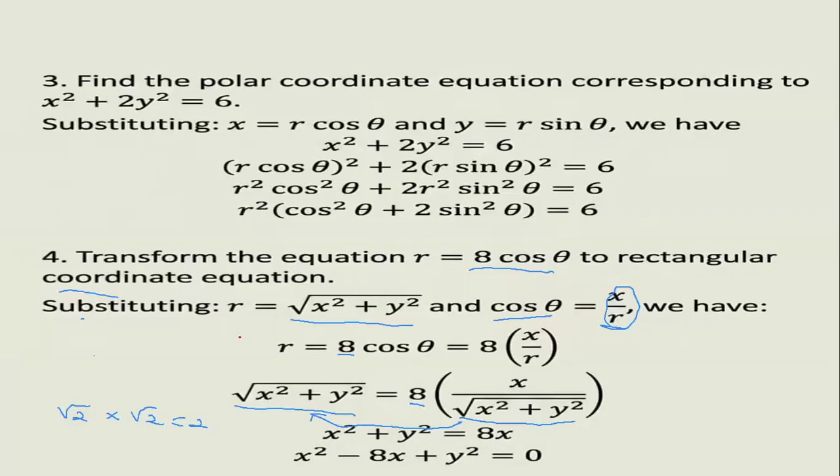That leaves us with x squared plus y squared is equal to 8x. To write it in equation form, we just need to take over the 8x, and when we take that off, it becomes a negative 8x. So x squared minus 8x plus y squared is equal to 0. And that is how you work it.